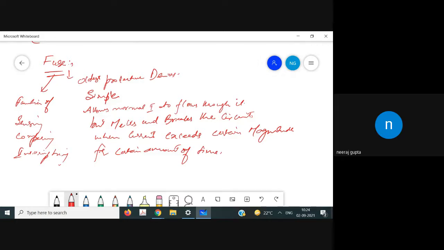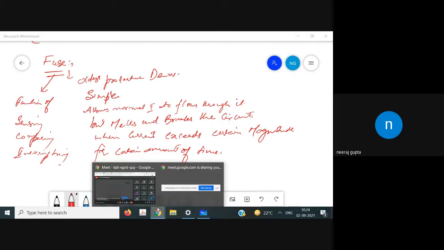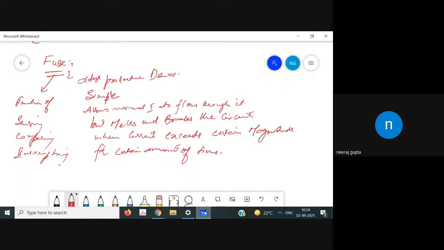So if you take the case of a high rupturing capacity fuse, I will draw a diagram for you.